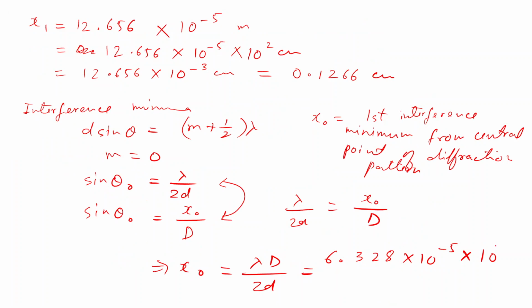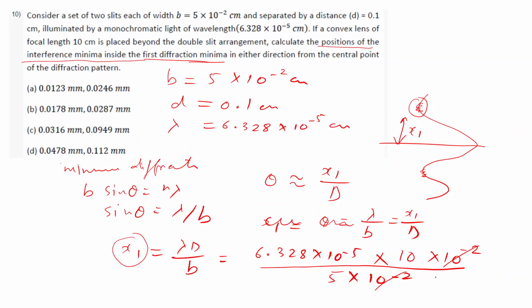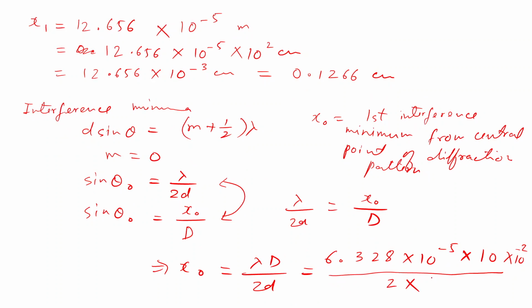When I convert it into meter, it will be 10 times 10 to the power minus 2 meters divided by 2 times small d. Small d is 0.1 centimeter, again 10 to the power minus 2 meters.